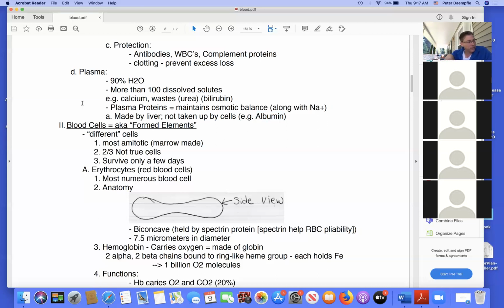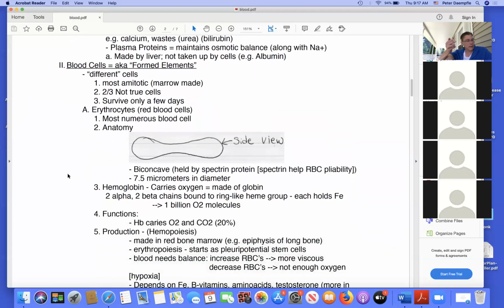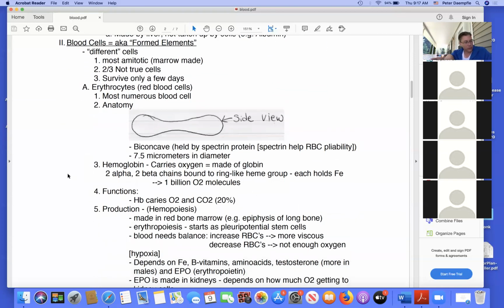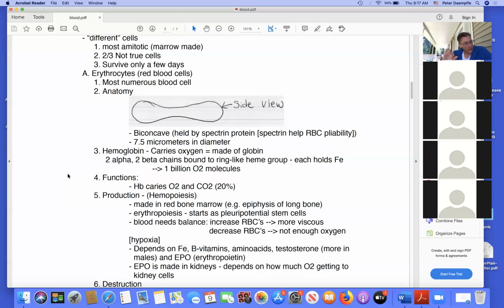All right, and if you look at figure 13.2, it breaks down some of the solutes and the different components of the plasma. Moving along to the formed elements. Basically, if you look at figure 13.2, we've got the different number or amount of white blood cells, platelets, and red blood cells in your formed elements, okay?